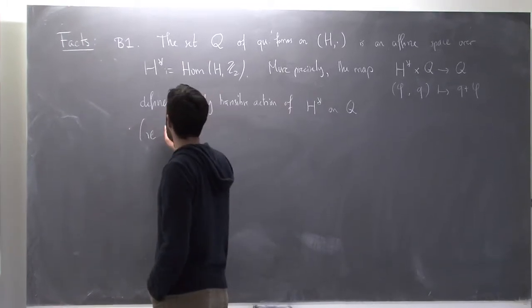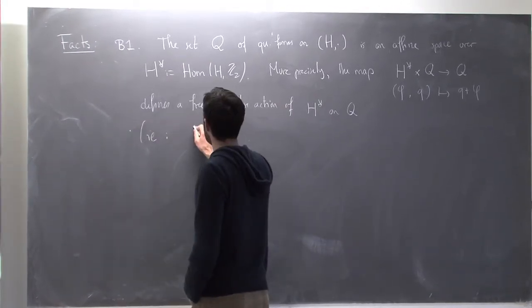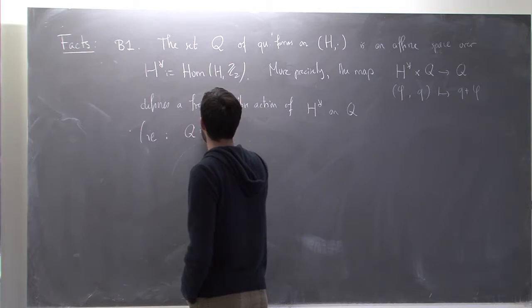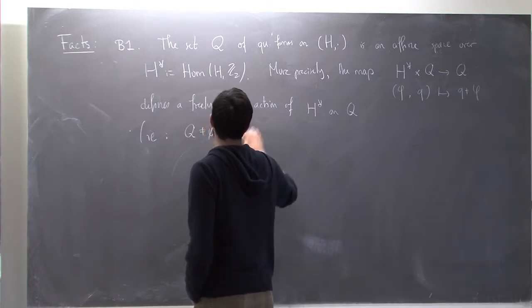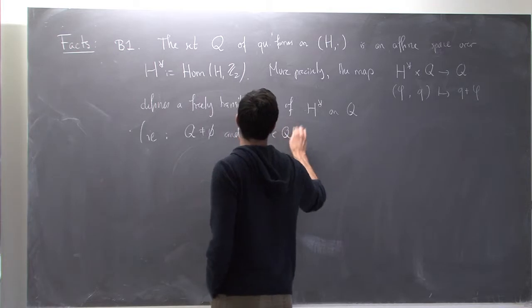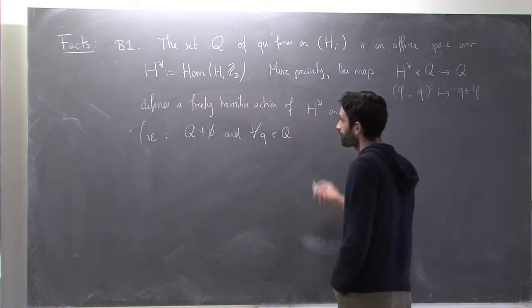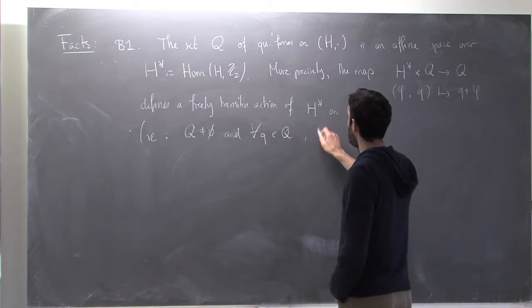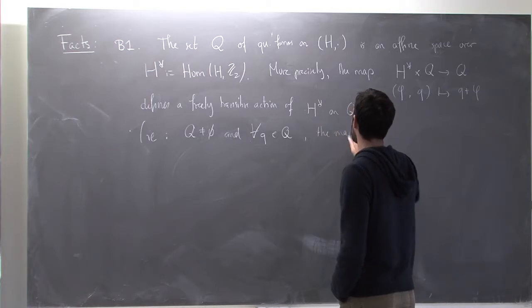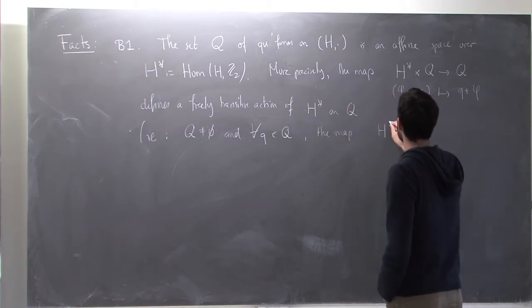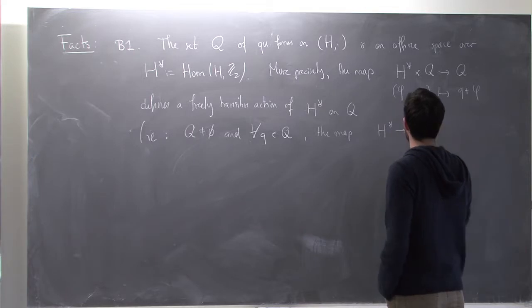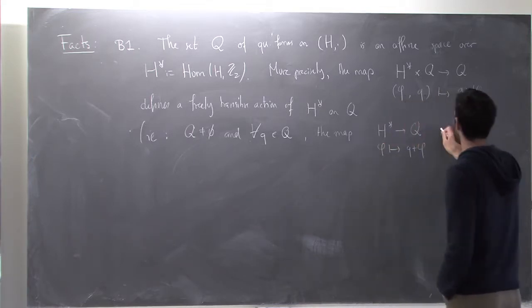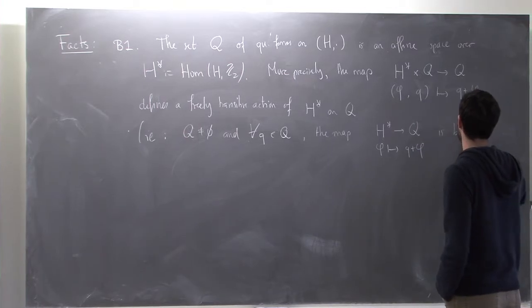That is, Q is not empty, and for every fixed Q, for a fixed quadratic form, the map from H star to Q is a bijection, is bijective.